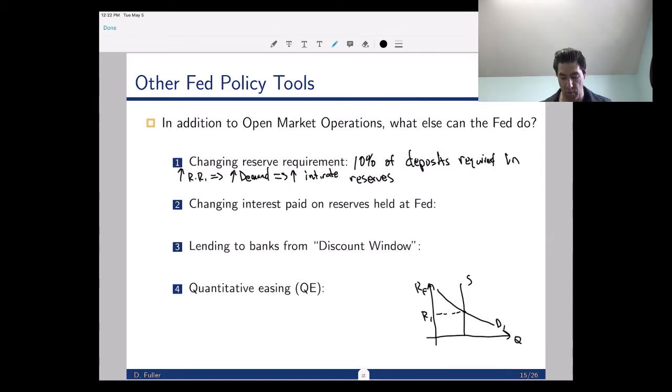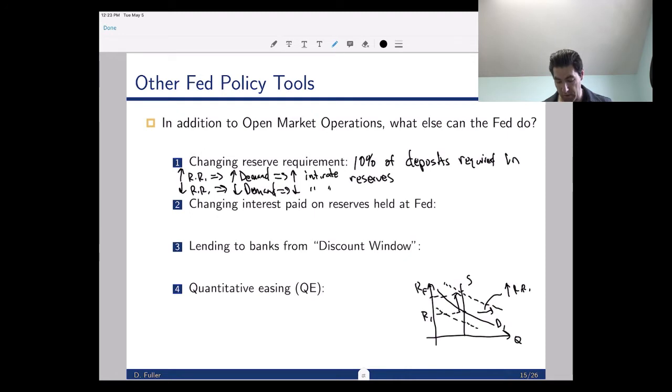So changing the reserve requirement, I can either increase the reserve requirement, and that's going to force the federal funds rate up, or I can decrease the required reserves, which would decrease demand for reserves and decrease the interest rate.